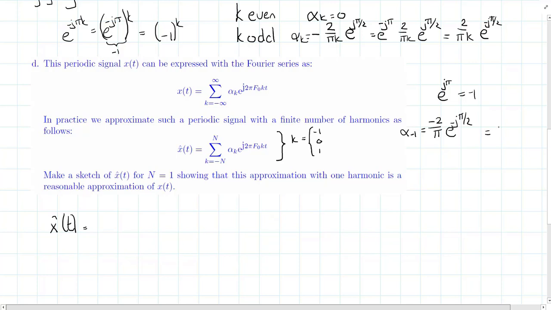So we can write this as 2 over pi e to the power j pi over 2. Our alpha 0 was our dc, which was equal to 1, and our alpha 1 is equal to 2 over pi e to the power j pi over 2.